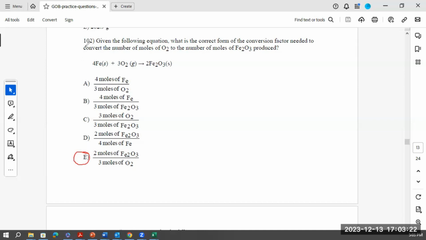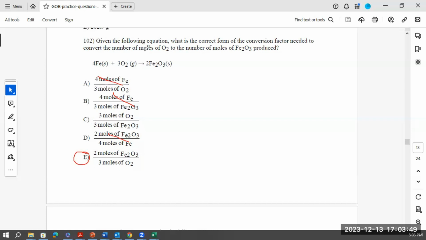That is correct. So we're converting number of moles of oxygen to moles of iron oxide. So we know that we can get rid of the ones that don't include oxygen and iron oxide.